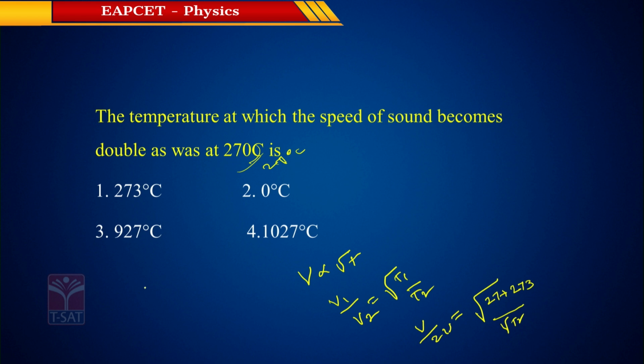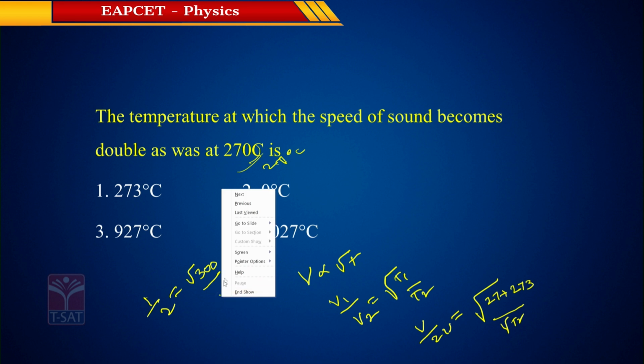Okay, therefore V by 2V gets cancelled, that is 1 by 2 is equal to root 300 by root T2.